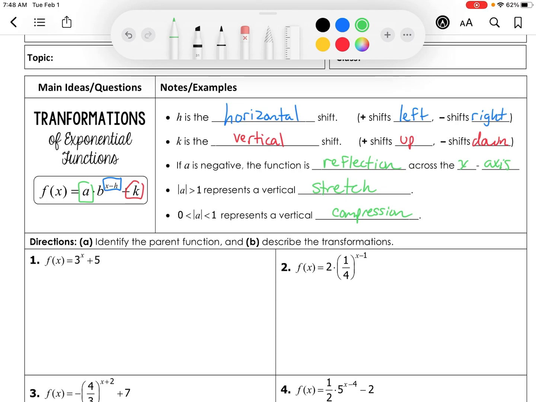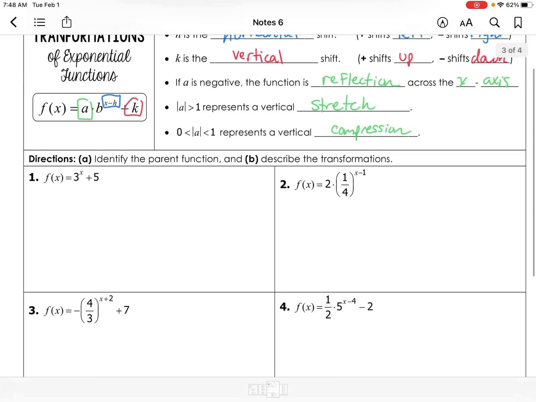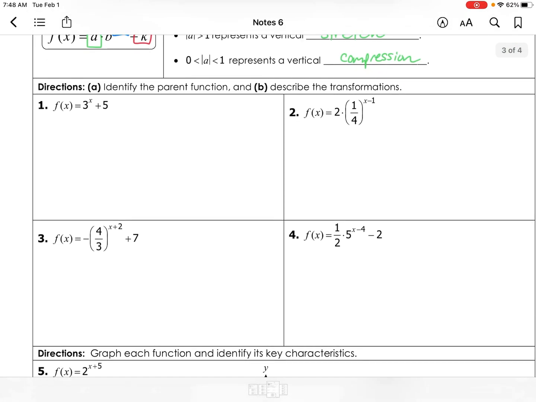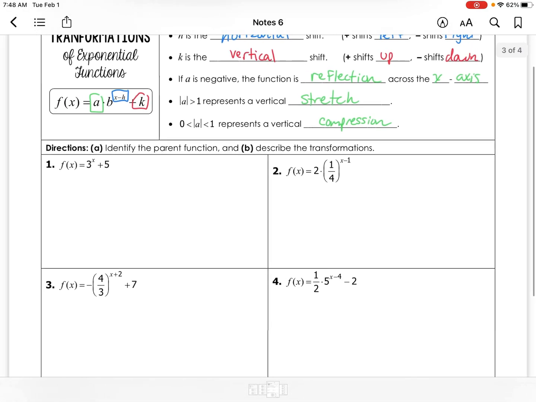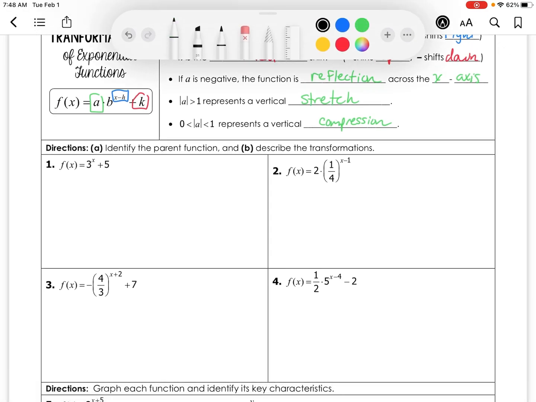So let's identify the parent function in these couple of problems and talk about the transformations. Let's look at number 2. I'm going to color code the a, the b, and that h value, and we're going to talk about what it does. So the 2 is the vertical stretch of 2.